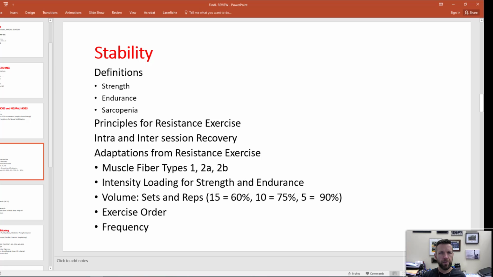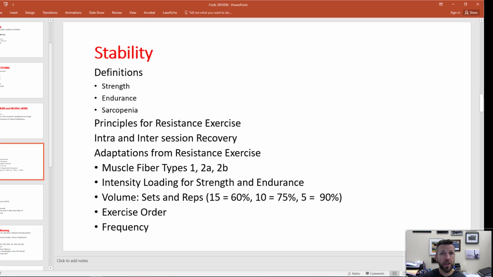Let's talk about adaptations. What do we see as far as adaptations from resistance exercise? Well, number one, you need to be really engaged with this term hypertrophy. In fact, what we know is hypertrophy is what the adaptation in skeletal muscle will be. It's not hyperplasia, which is more muscle fibers.